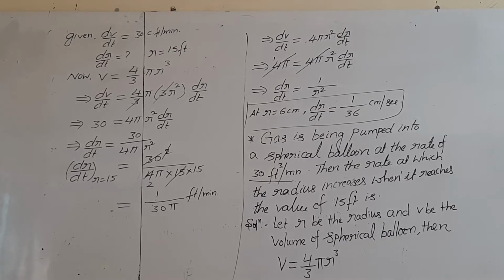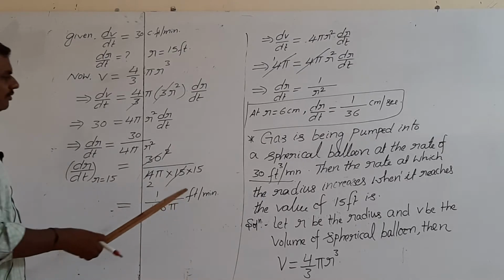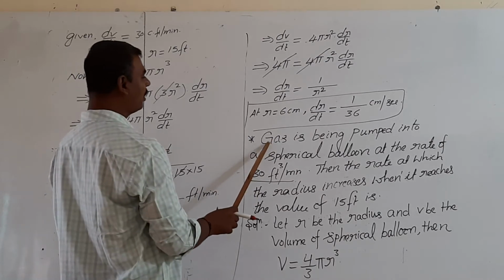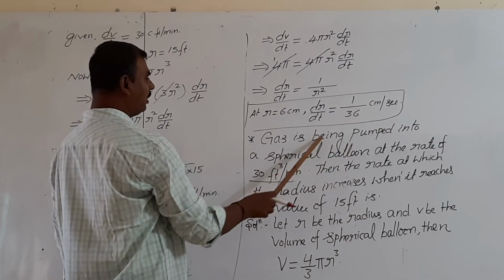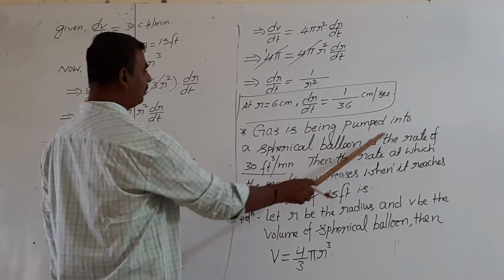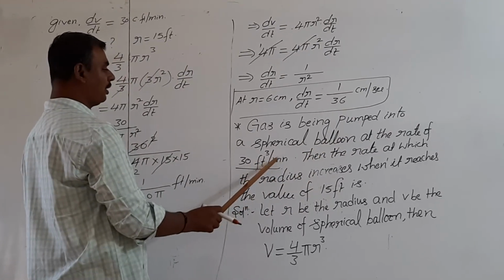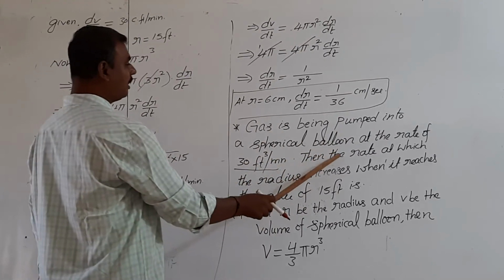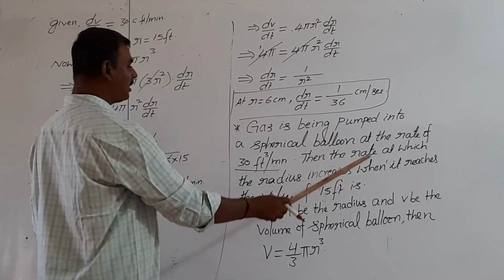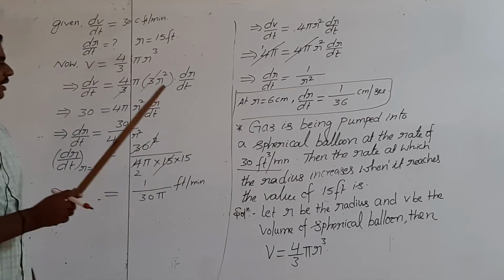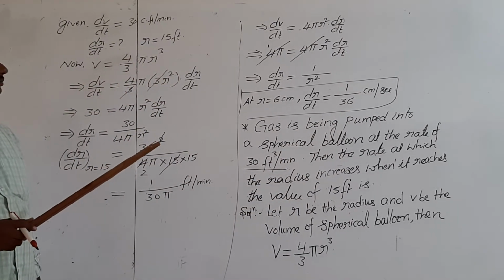Let us see once again. It is a very important, repeated question. Gas is being pumped into a spherical balloon at the rate of 30 cubic feet per minute, and we find the rate at which the radius increases at the instant of 15 feet.